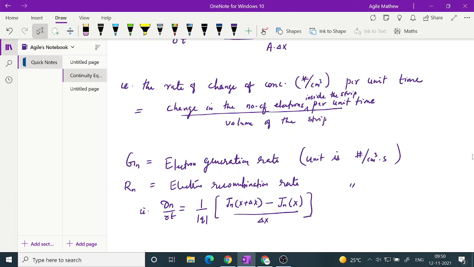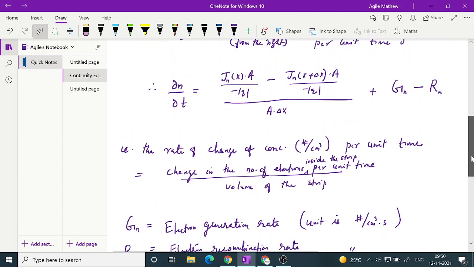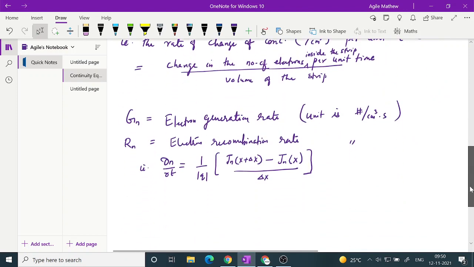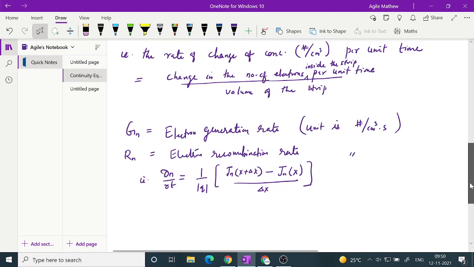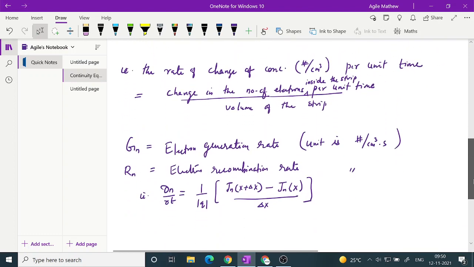This is what you get from the first term due to the difference in the current entering and current leaving. A gets cancelled off, and q I am taking outside, and minus minus cancel, so it becomes jn of x plus delta x minus jn of x by delta x, then plus Gn minus Rn.